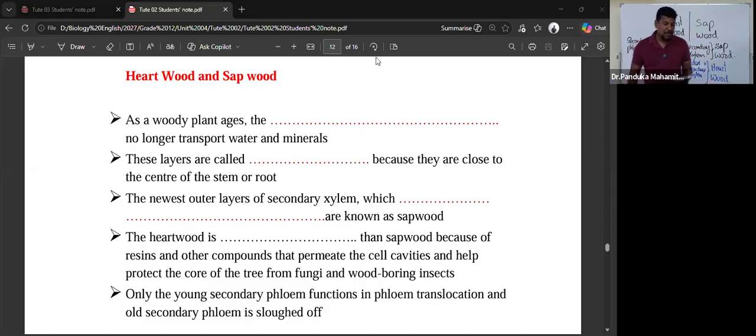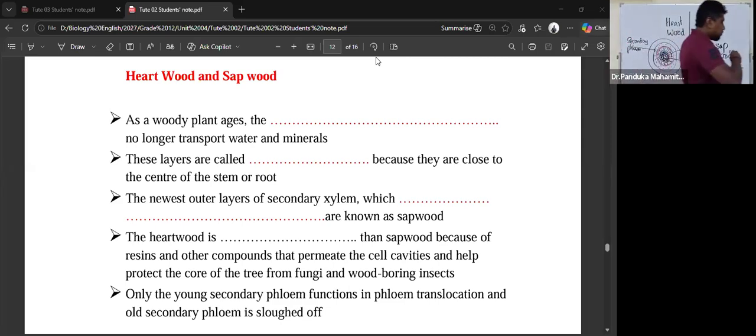As a woody plant ages, the older layers of secondary xylem no longer transport water and minerals. These layers are called heartwood.